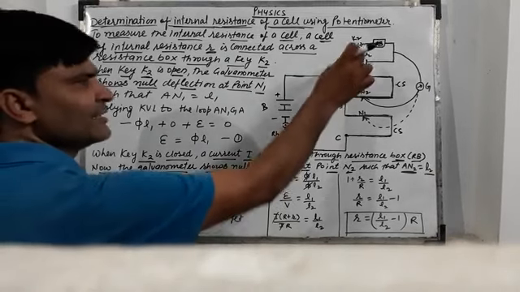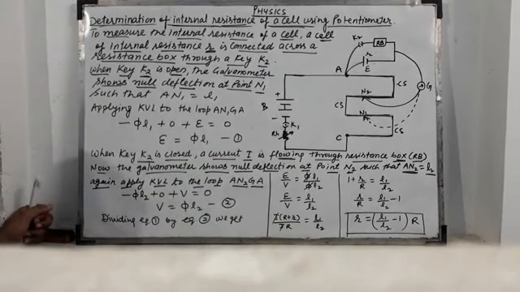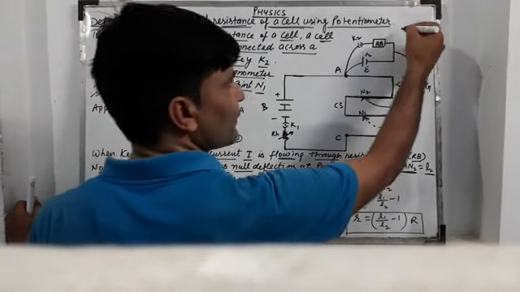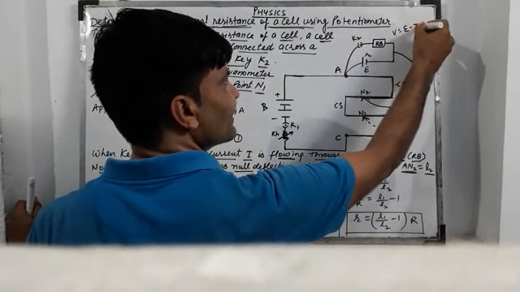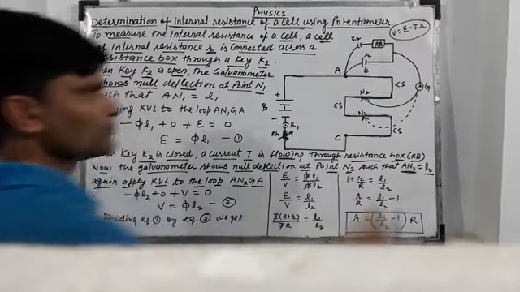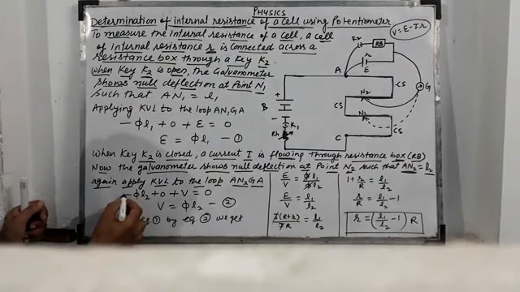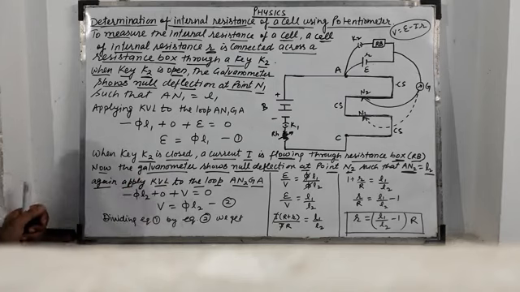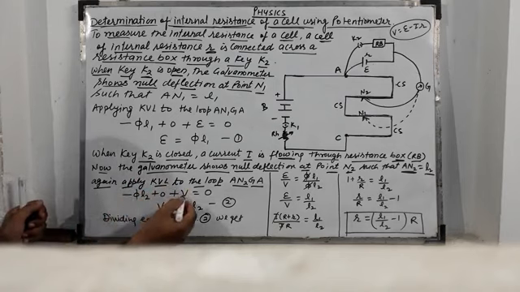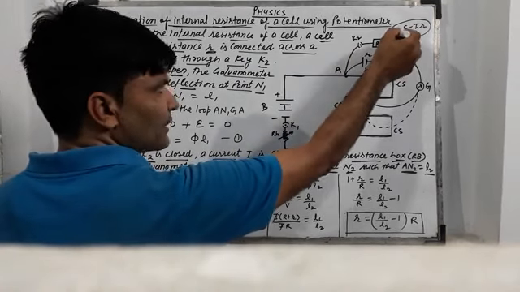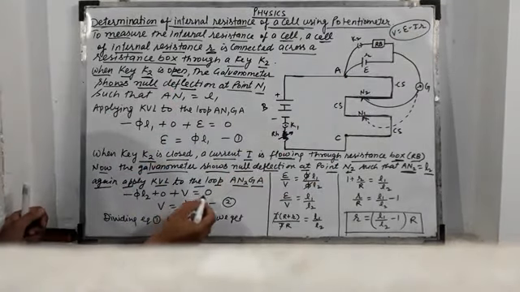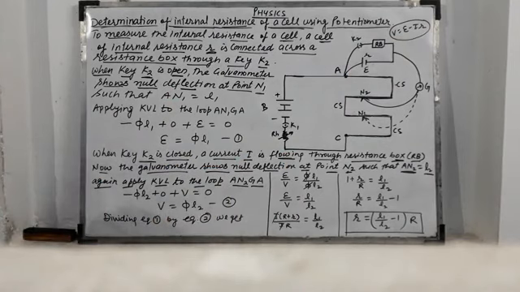The cell is discharging, so we use the terminal potential difference. Remember this: V is equal to E minus Ir. So minus phi L2 according to KVL, plus 0, plus V, where V is the terminal potential difference, is equal to 0. So we get V is equal to phi L2, equation number 2.